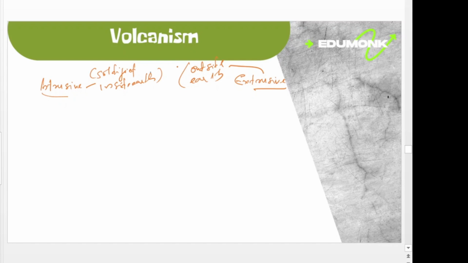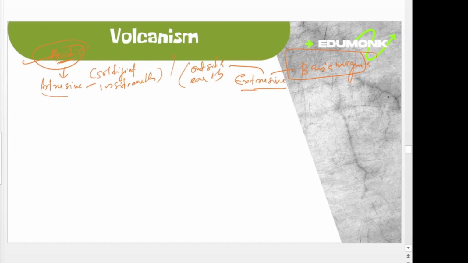If acidic magma, there is more silica, more viscosity, which travels less. So in most cases, the acidic magma solidifies inside earth. So in the intrusive volcano, there is presence of acidic magma, and in the extrusive volcano, there should be presence of basic magma. Then first of all, we can talk about the intrusive volcanoes.